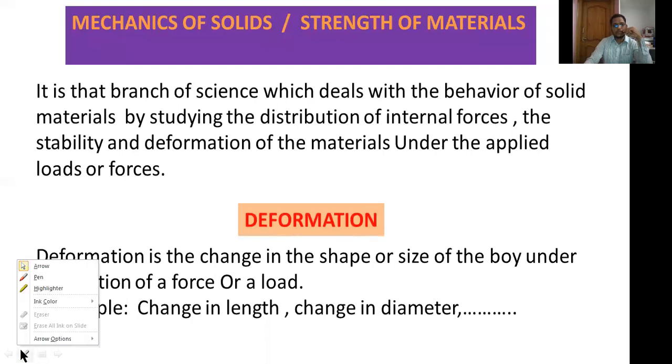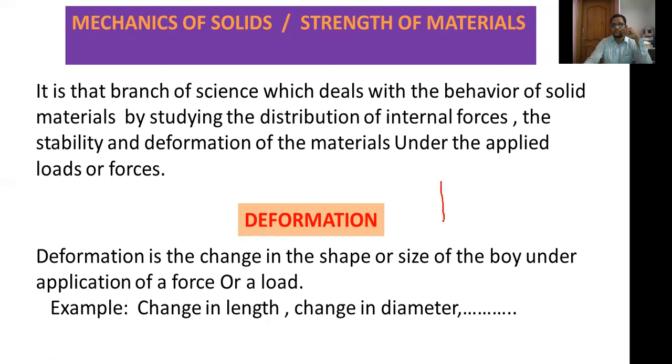Now I am explaining with an example. Here I am considering a body like this. Now I am applying a load, two equal and opposite pull loads.